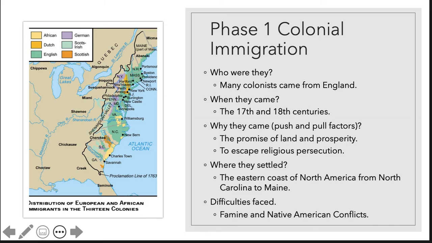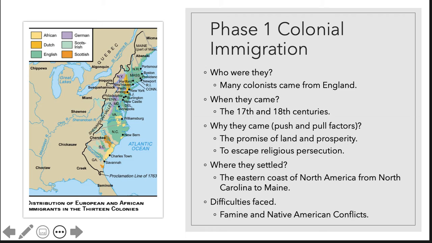And what were the difficulties that they faced when they arrived here? First, they're going to face famine. Remember the lost colony of Roanoke, the failed colony at Jamestown, not knowing how to farm or work the land because it was so different than what they had in England. They're also going to face conflicts with the Native Americans.